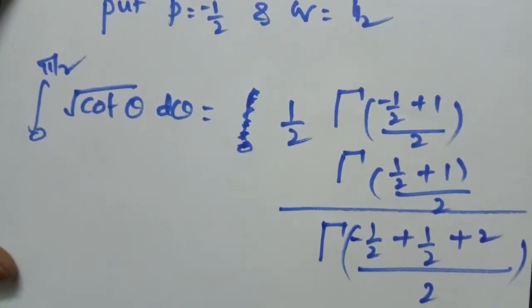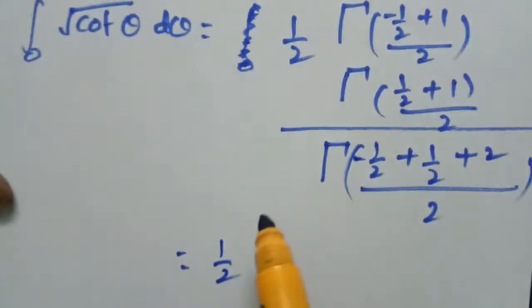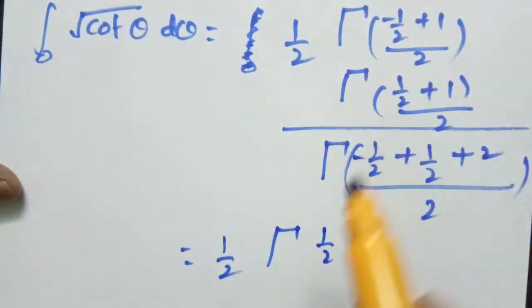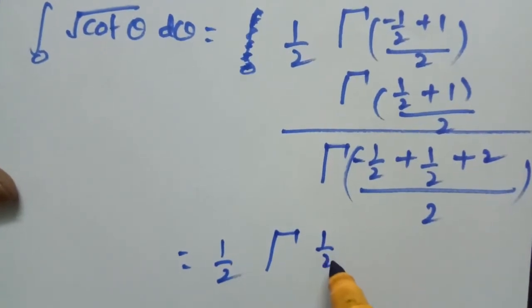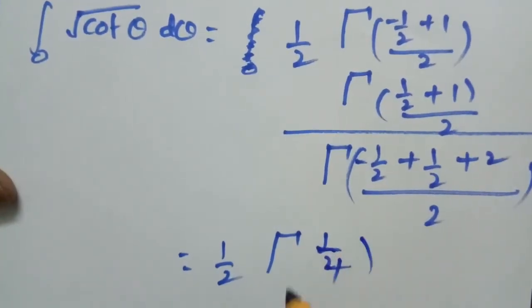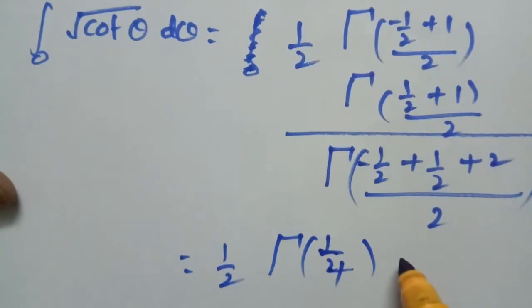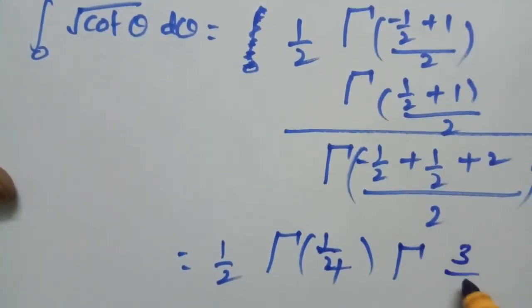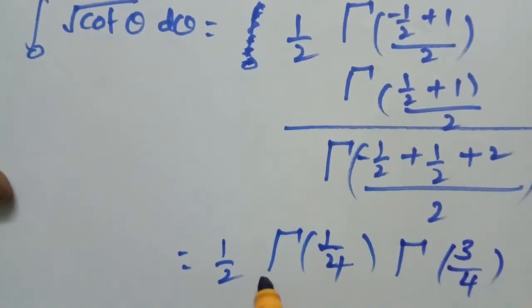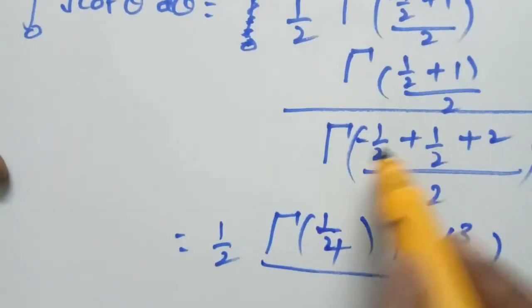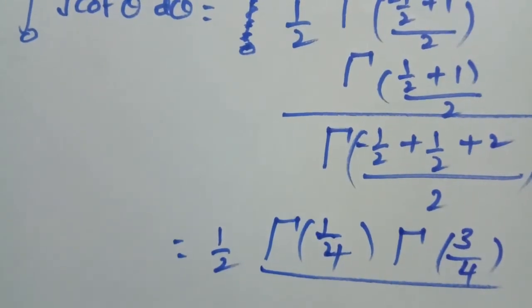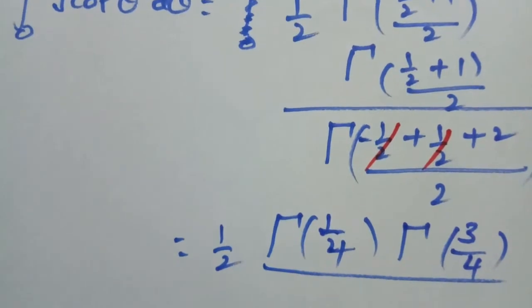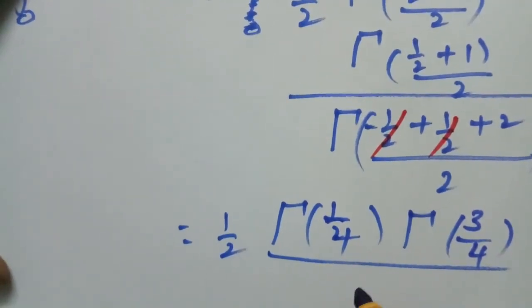Therefore this is equal to 1 by 2 times gamma minus half plus 1 is gamma half by 2. So that is equal to 1 by 4, gamma 1 by 4 into gamma 1 by 2 plus 1, 3 by 2 by 2, 3 by 4, by, minus 1 by 2 plus 1 by 2 gets cancelled, gamma 2 by 2, that is gamma 1, value 1.